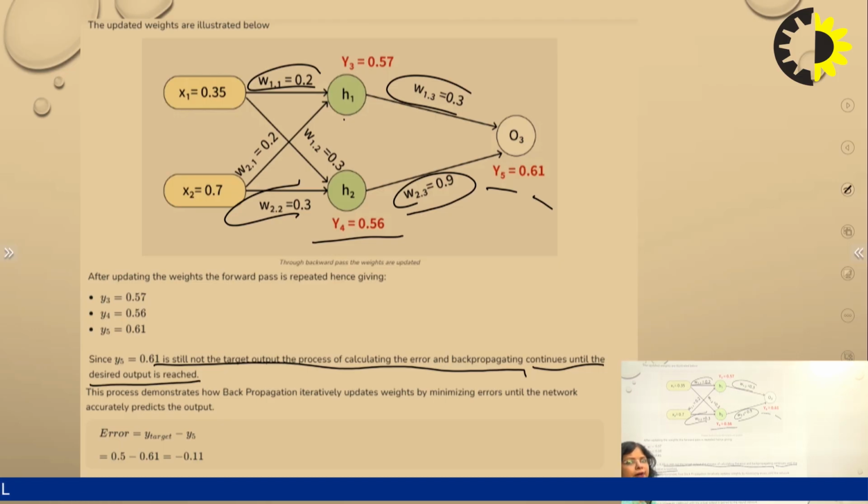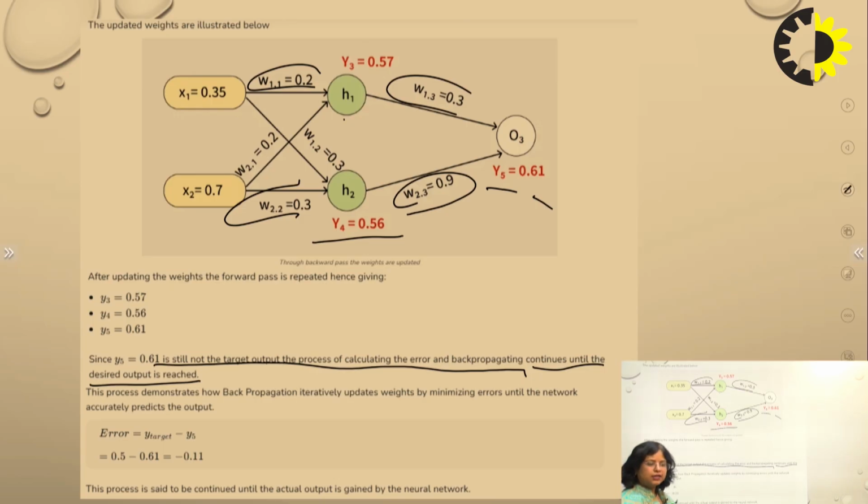We apply backpropagation again and again. We cannot reach exactly the expected output, but we can get near it. The error is 0.5 minus 0.61, which is equal to minus 0.11. This process continues until we get the expected output.